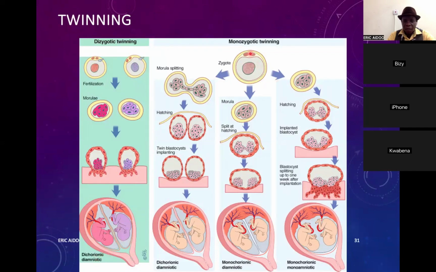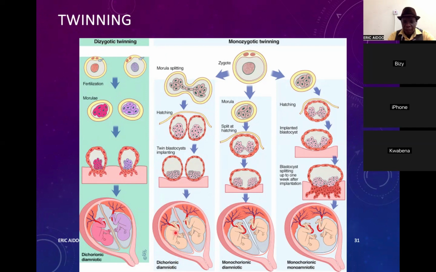When it comes to the monozygotic, we even go further to give different types of monozygotic twins, depending on how early or late the splitting occurs. So at this point, you have morular splitting, which is quite early, and then you end up having two blastocysts, and then the blastocysts will implant, and then you have different chorionic, different amniotic cavities.